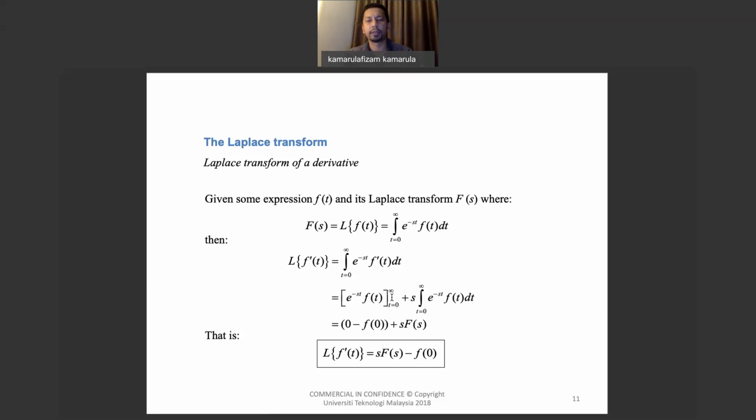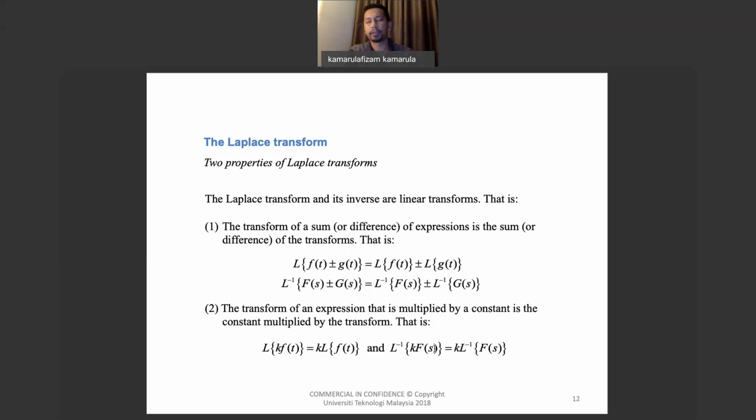When you do the limits, you finally get the Laplace transformation of any derivative function, which in the Laplace domain is this term: sF(s) minus f(0).